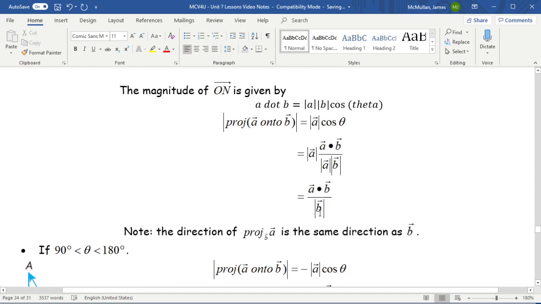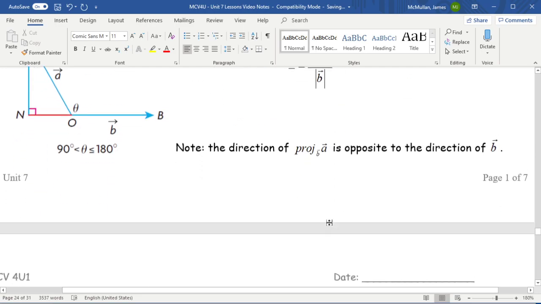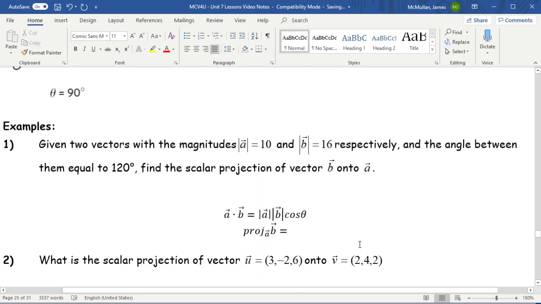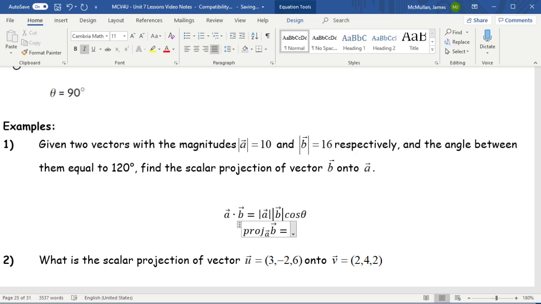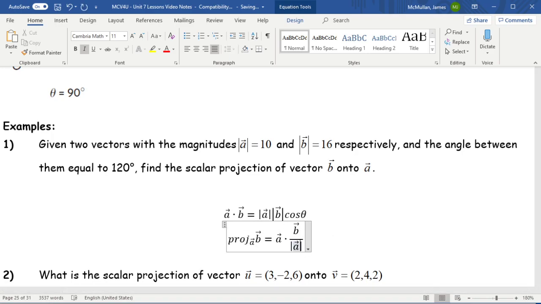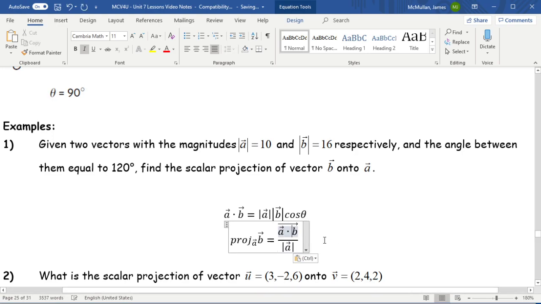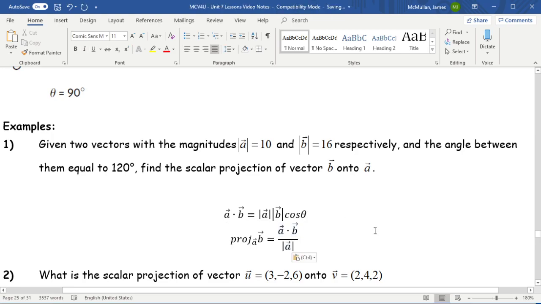It's going to be B dot A, which is the same as A dot B, except instead of over B, it's going to be over A. So we get A dot B over magnitude A, instead of magnitude B like it was before.